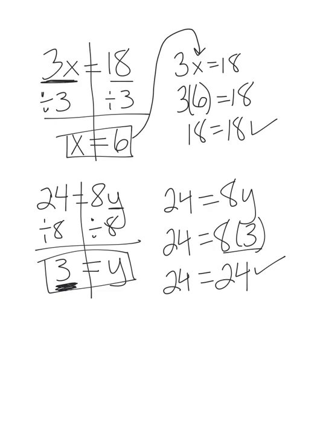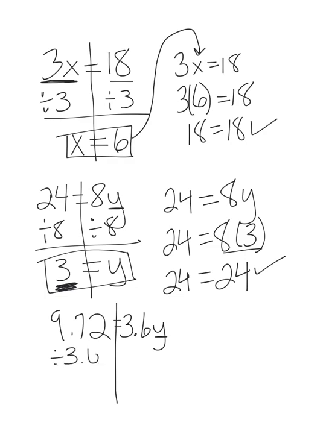Now we're going to go ahead and do a multiplication of decimals. If I have 9.72 equals 3.6y, I draw my line. I have my variable on the right here, so I need to divide each side by 3.6 because this is multiplication.